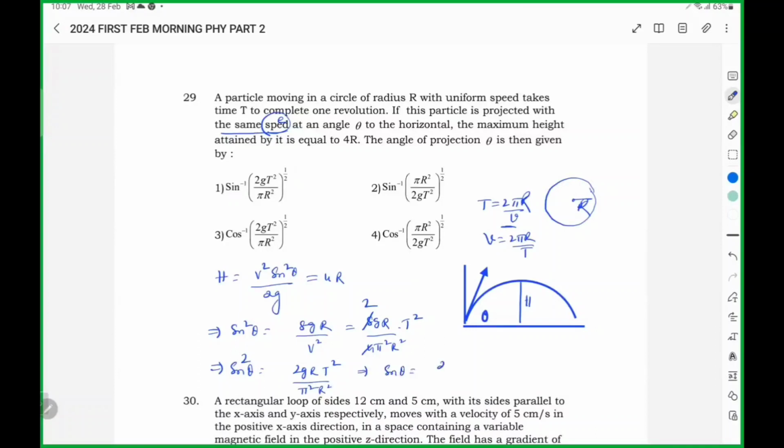Sine theta will be 2g t square by pi square r, whole power half.